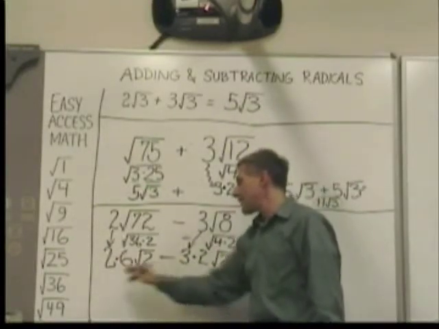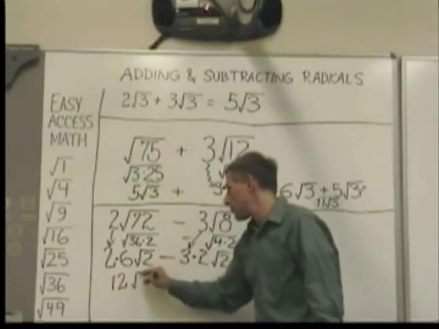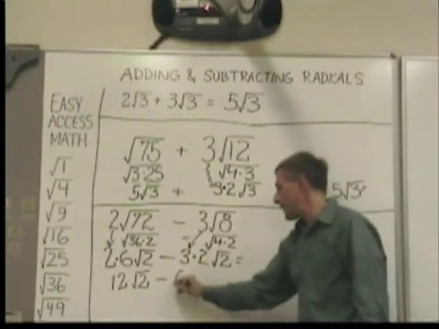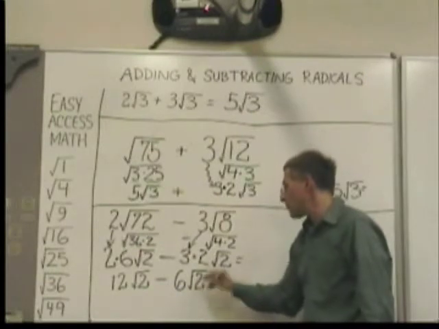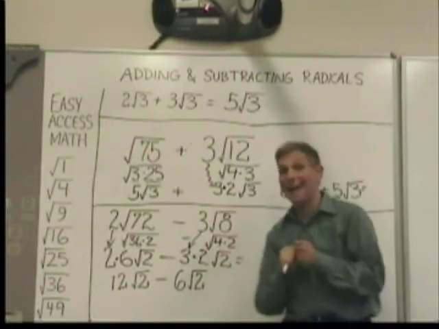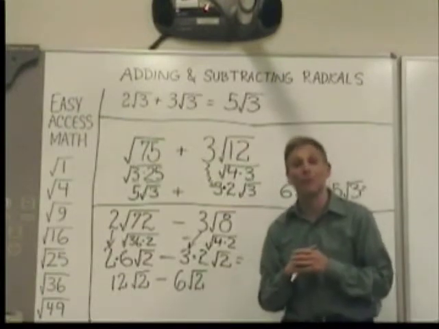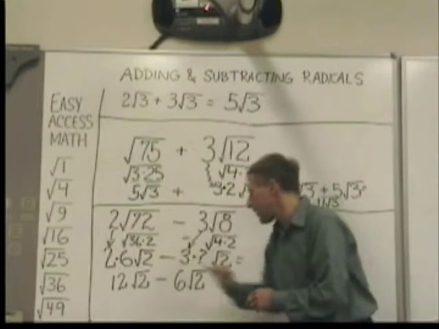2 times 6 is 12, radical 2, minus 3 times 2 is 6, radical 2. You see, I'm multiplying the number I pulled out, the perfect square number that pulled out as its root, by the number that was already out there.